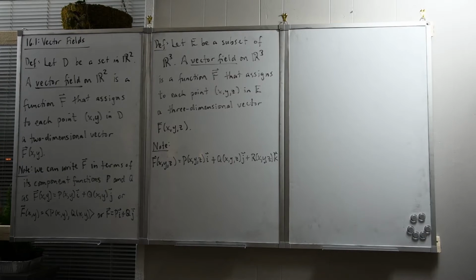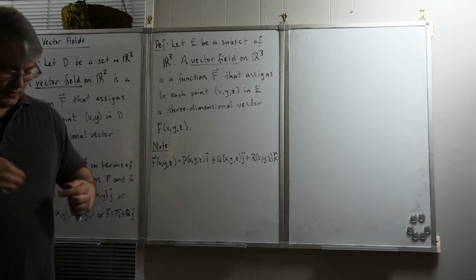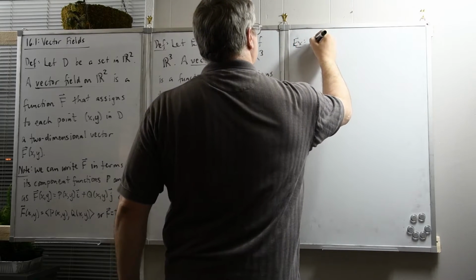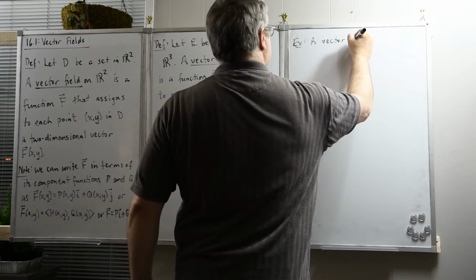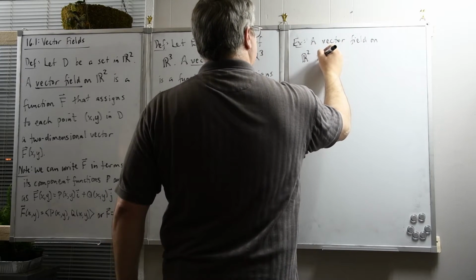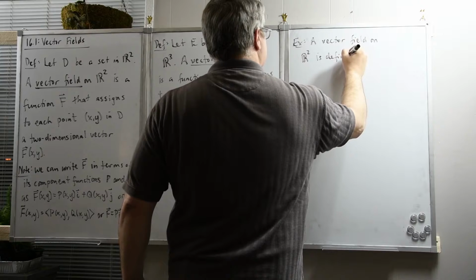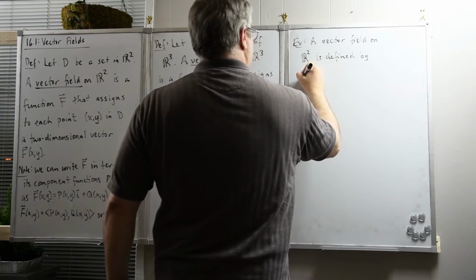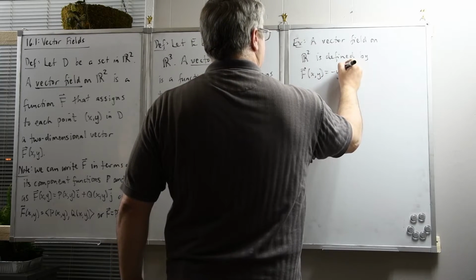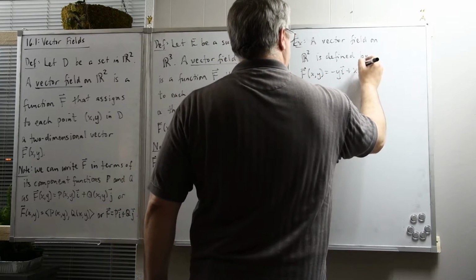And so for this example, we have a vector field on R2. It's going to be defined by F of x, y is negative y i plus x j.